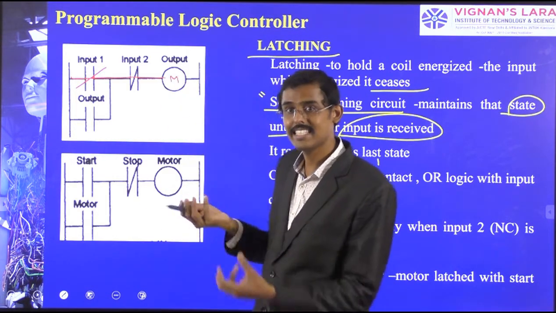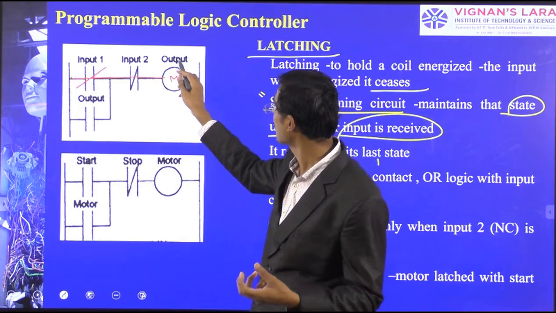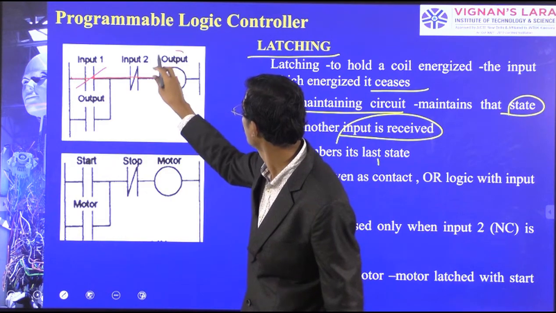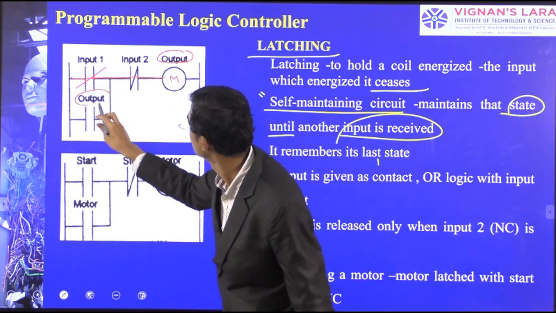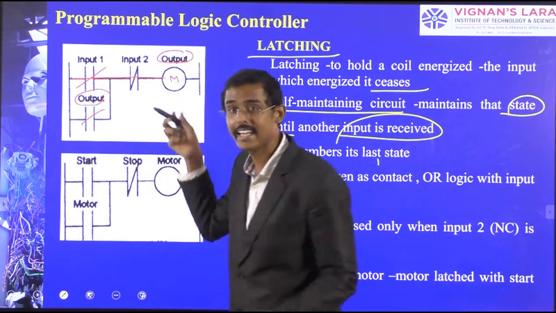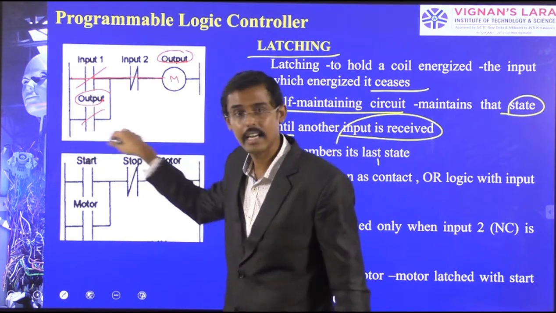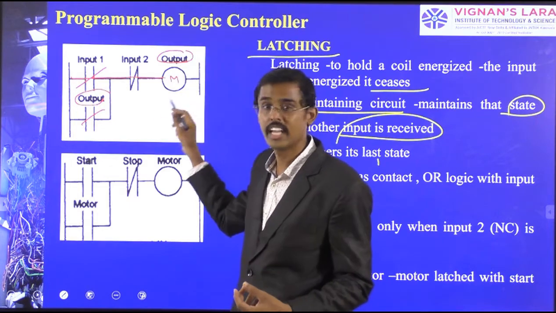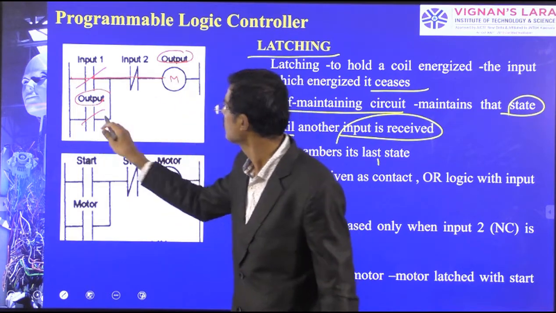And I am latching this output in terms of a contact. When the motor is on, the output name I have typed here also gives engagement in the second rung. Therefore, I am latching this output name here. When this is on, this should be on.